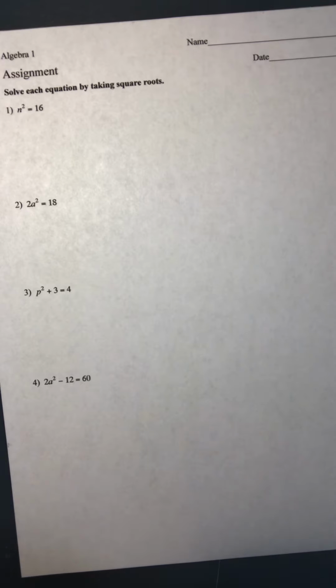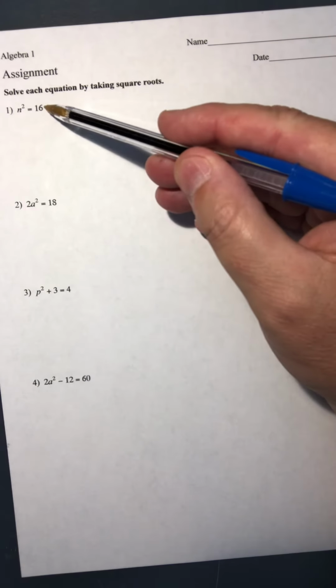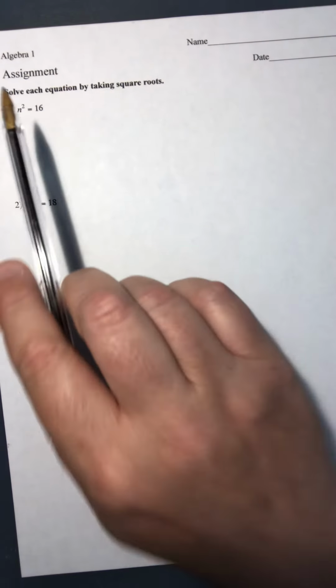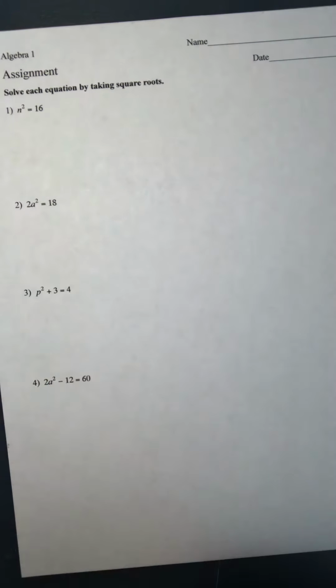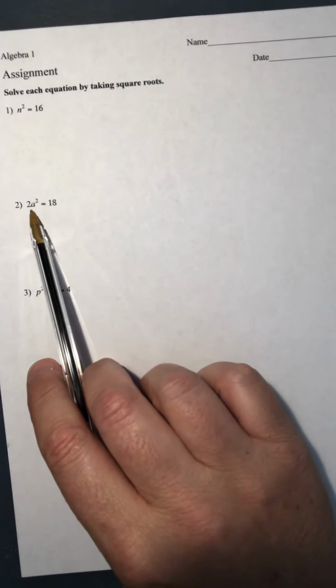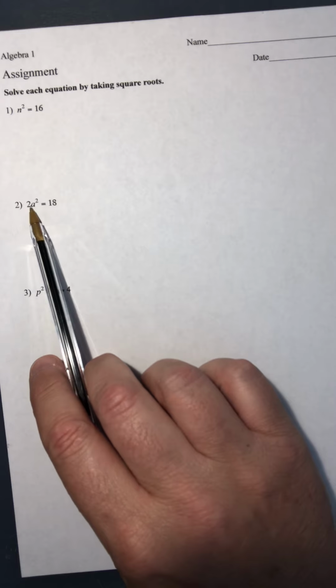All right, so let's get on to this solving by taking the square roots. The first thing we have to do is get the thing that is being squared all by itself, or isolate the variable that is being squared. If you look at number one, my n squared is all by itself. If you look at number two, my a squared has a number with it.